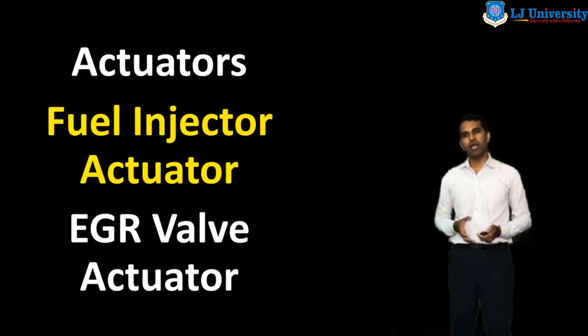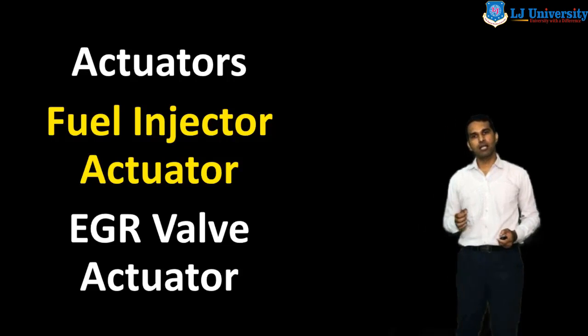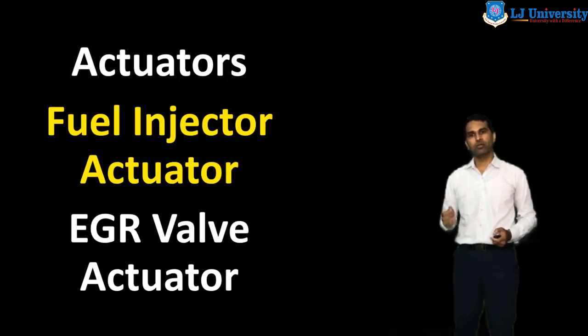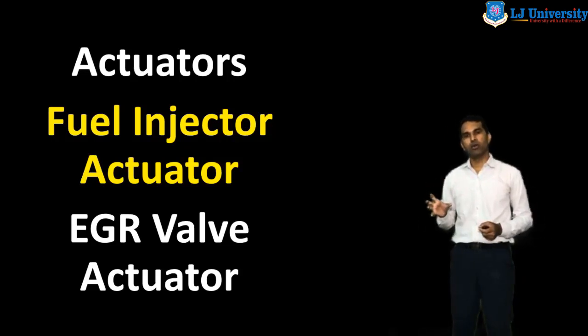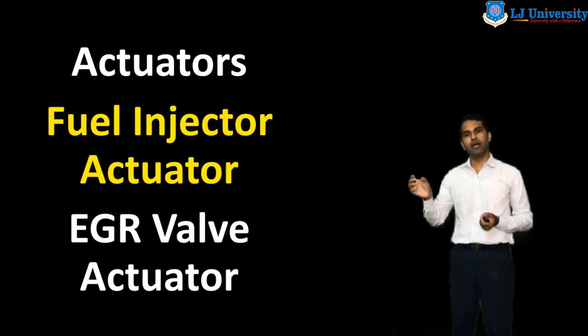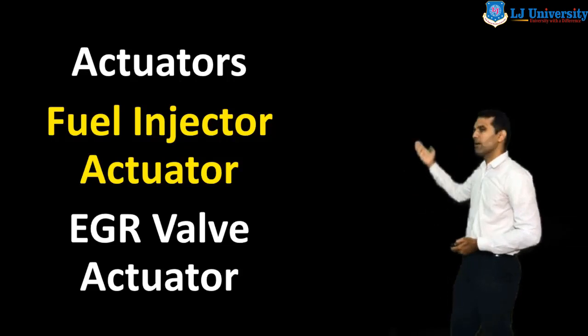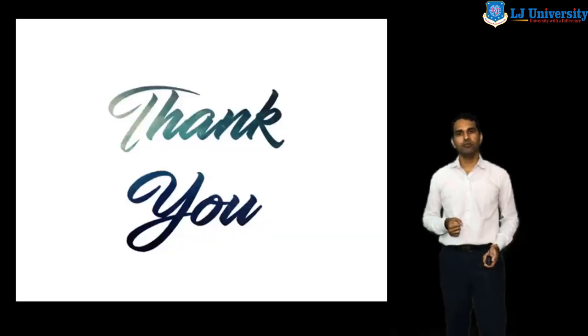And the next one we discussed was the EGR valve actuator, that is the exhaust gas recirculation valve actuator, which controls the amount of exhaust gas that is recirculated and enters the intake manifold. So in this lecture we have discussed these types of actuators.